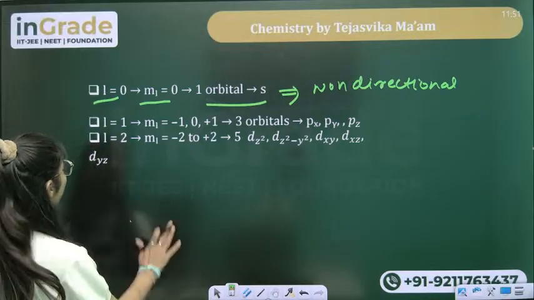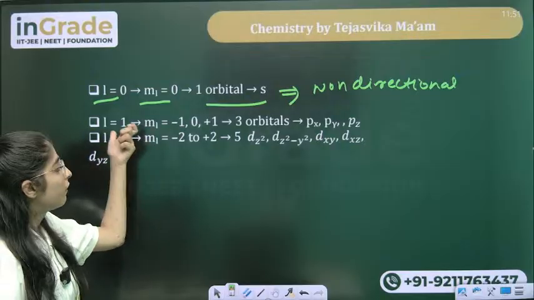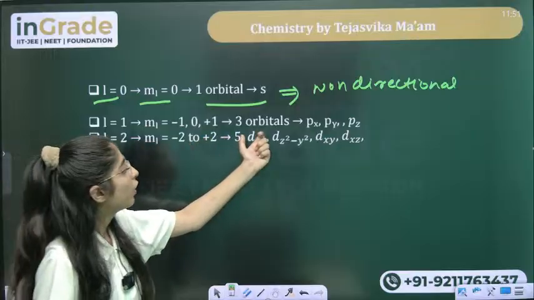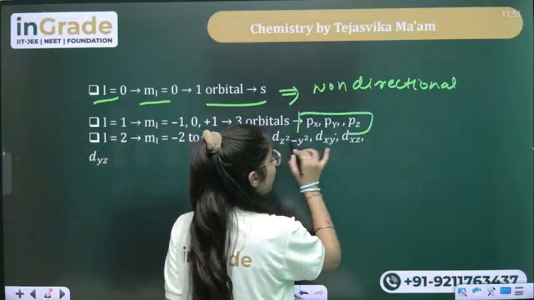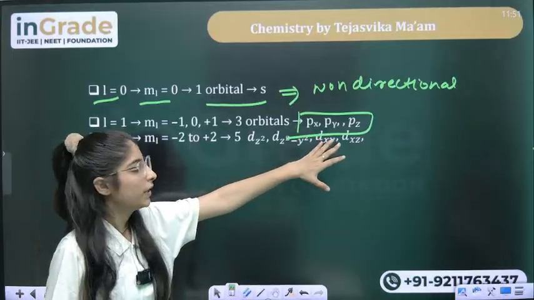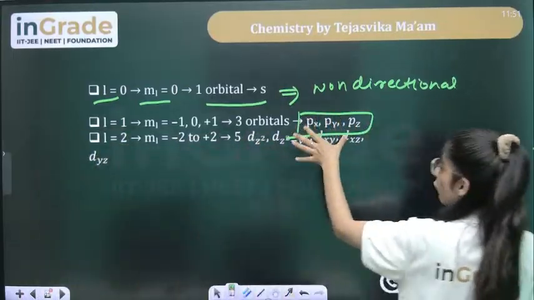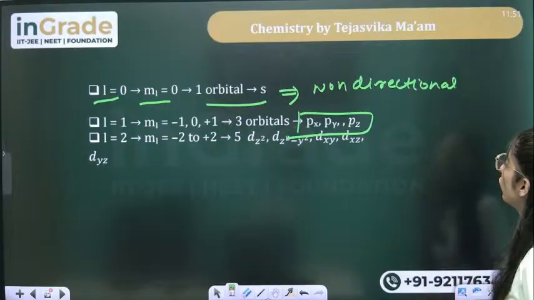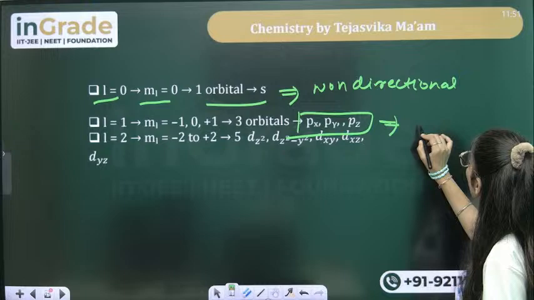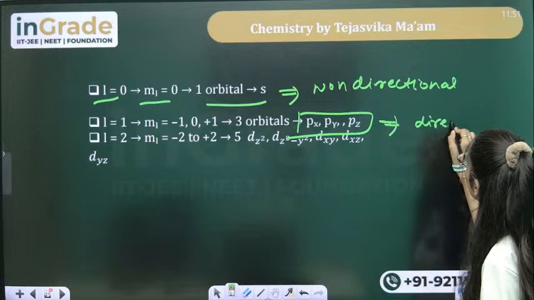See here, if the value of l is 1, then ml will be -1, 0, 1, and your orbitals will be Px, Py, Pz. As I draw the diagram of Px, Py and Pz, one thing that you have to keep in your mind is that this is directional in nature.